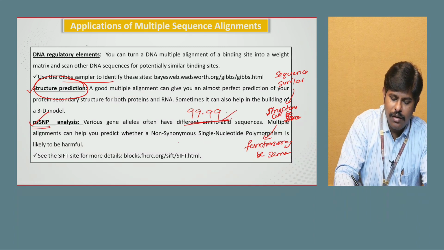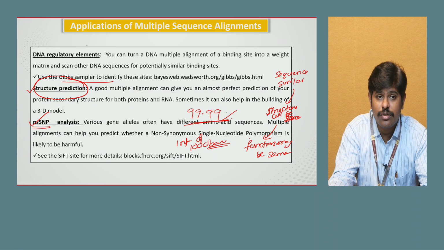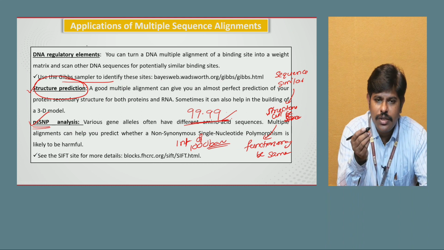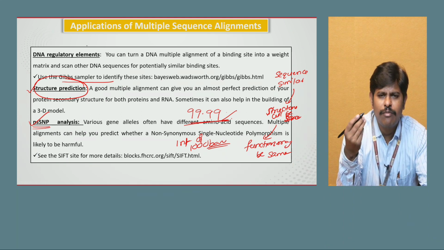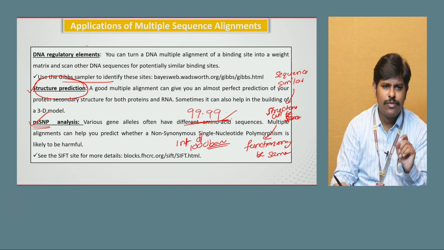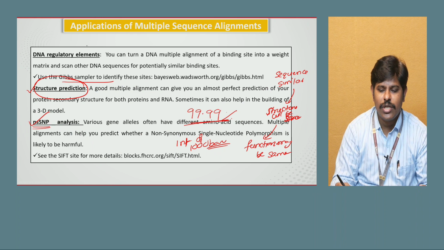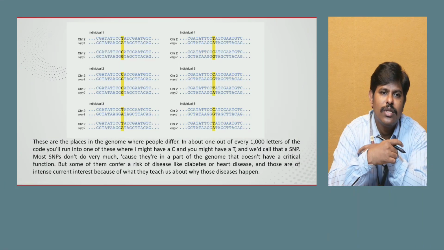They differ by one nucleotide in 1000 bases only. That one nucleotide change may lead to some specific disorders or a different phenotype because of these small nucleotide polymorphisms, that is differences among the individual nucleotides within the population here.